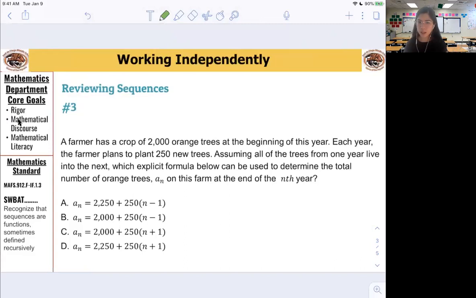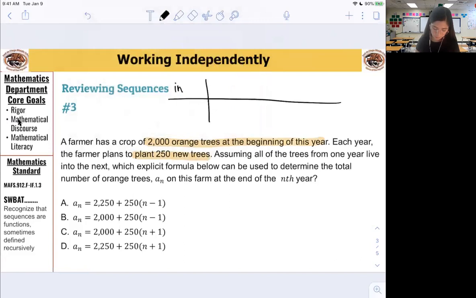A lot of words, but the most important thing is the pattern it's telling us about. We begin with 2,000, and every year we're going to add 250 new trees. So I'm going to make my input and output table for a couple of values.